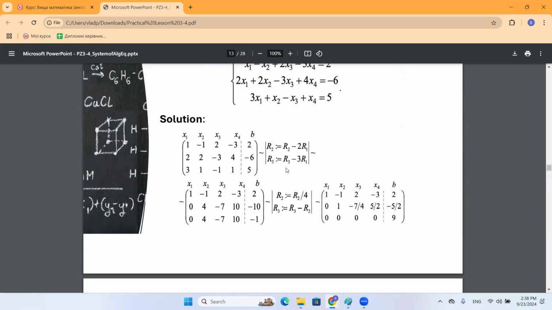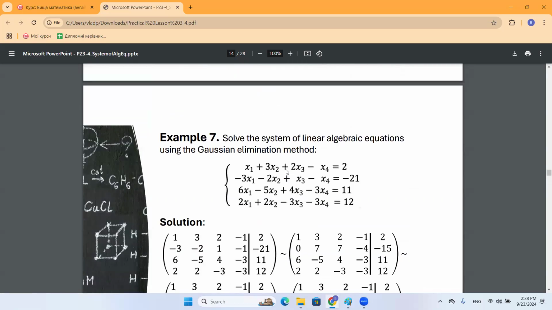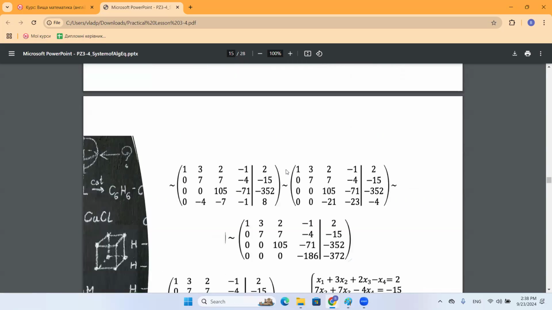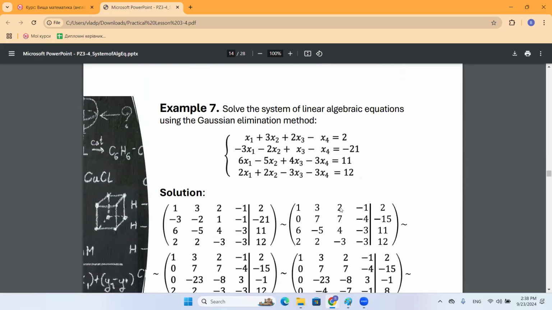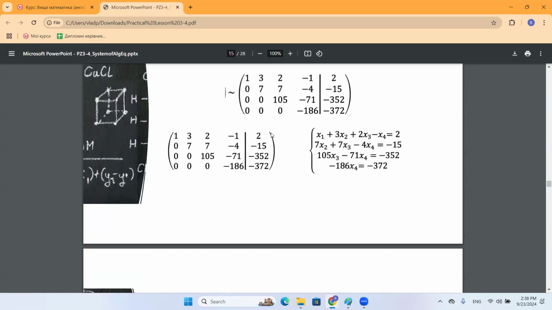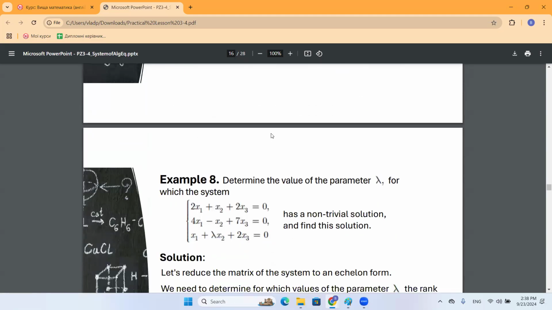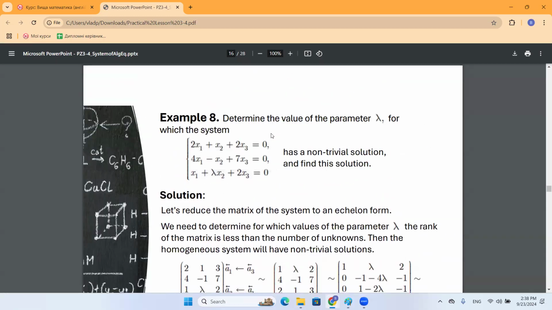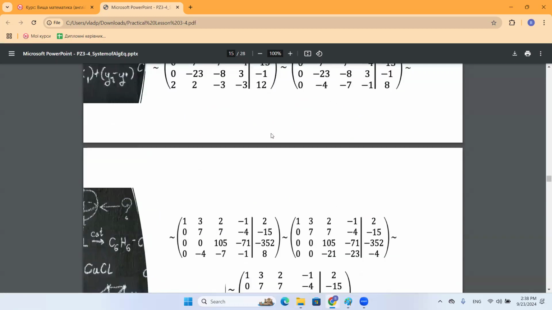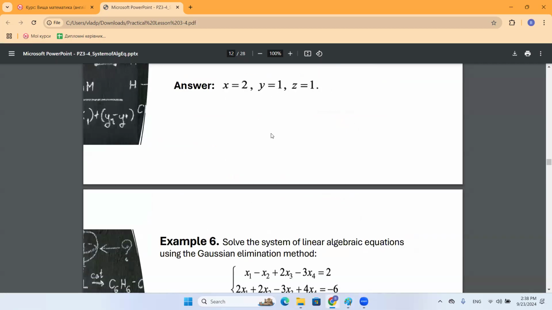So we will do it actually on the next lesson. Yeah, by the way, this system also can be solved by Gaussian method, by inverse matrix, and Cramer's formulas. And the next topic is actually for the next practical lesson.